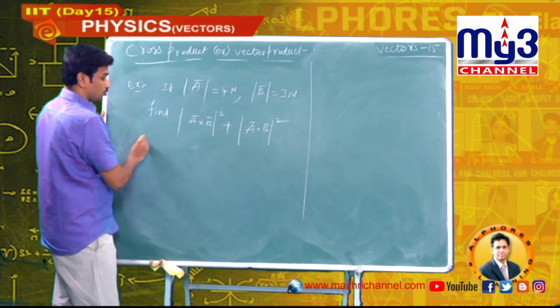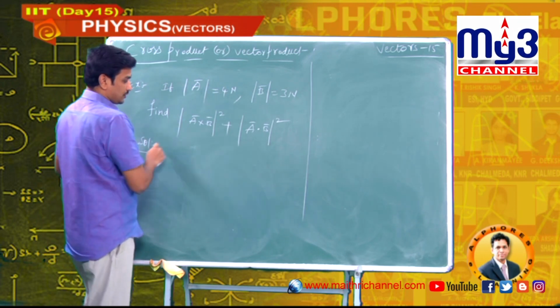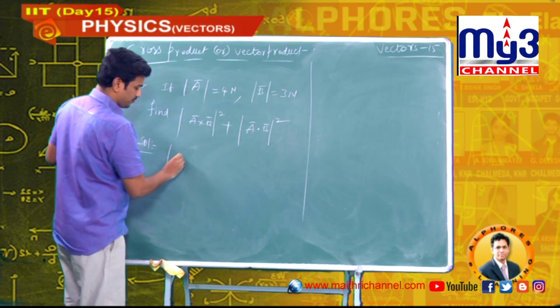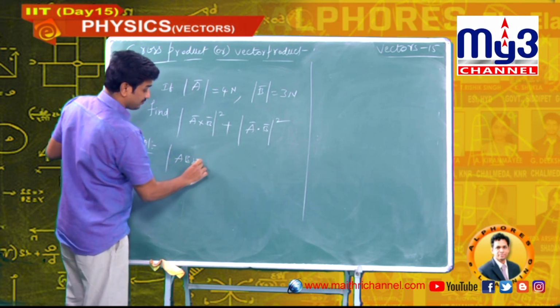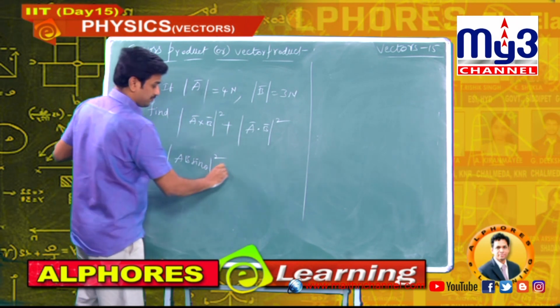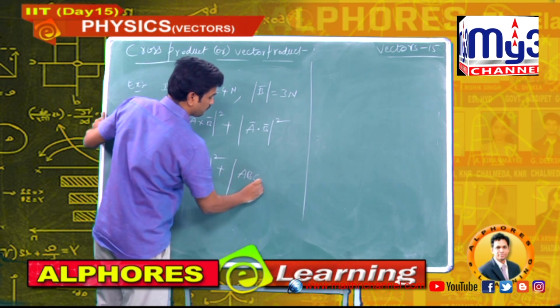This they are asking us to calculate. How to find this? Now mod, what is A cross B? AB sin theta. You know the formula of A cross B, AB sin theta. We know the formula of A bar dot B bar, already we proved it, AB cos theta.